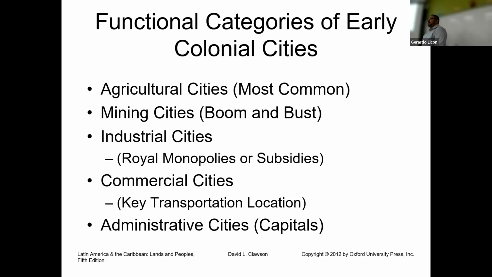So they might be at the mouth of a river, at the peak of a mountain or at the base of a mountain. And then administrative cities are where they would have the administration for the viceroyalties, which eventually become capitals of countries.